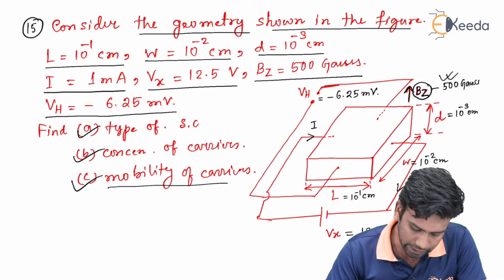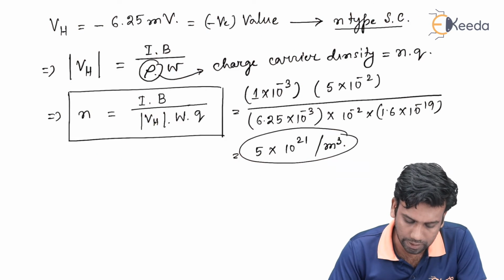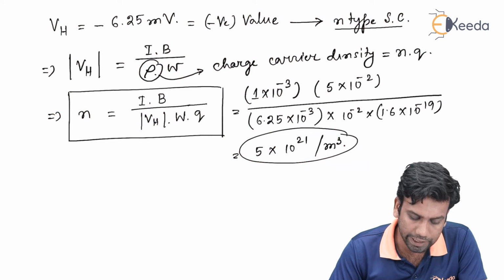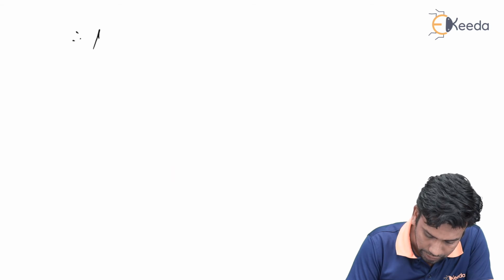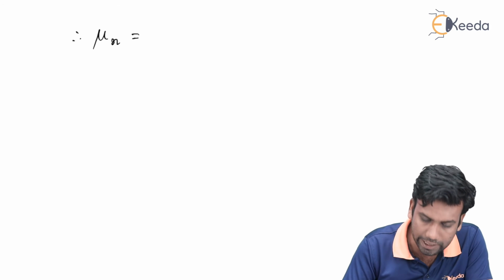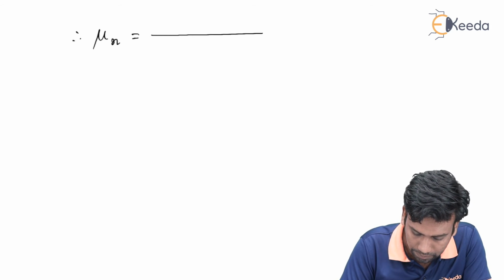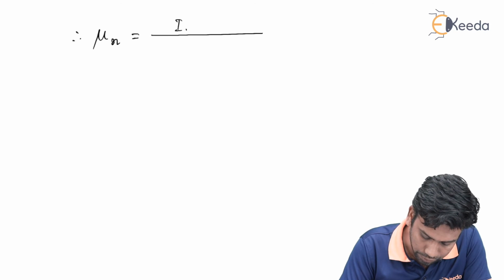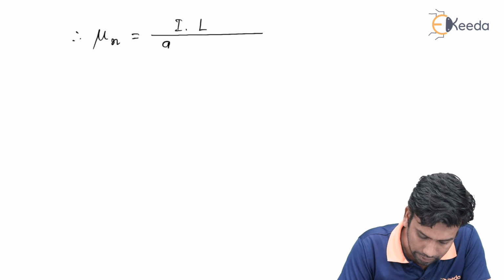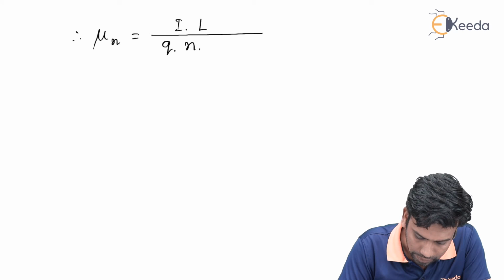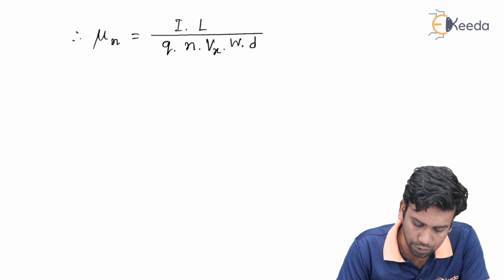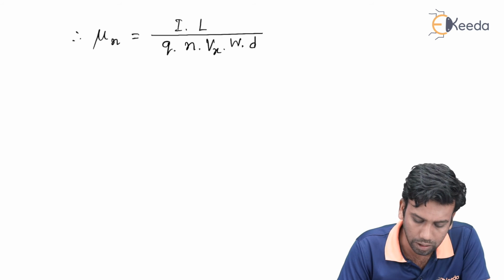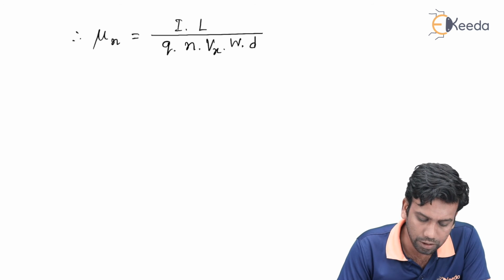Now we have to find the mobility value of the carriers, that is mu n. For calculating the mobility value, we know that the mobility of the electron in an n-type semiconductor, according to the Hall effect, is given by I into L divided by Q into N into Vx into W into D. If you look at the equation, I, L, Q, N, Vx, W, D, all the parameters are given in the numerical.